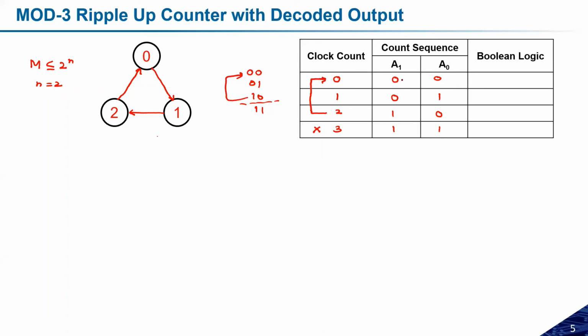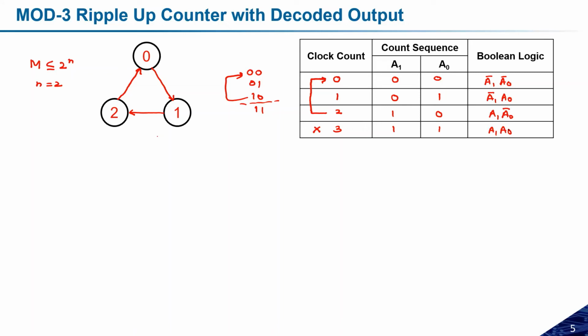Let us first write the expression of this. The expression for the first one, 0 0, is a1 bar a0 bar. For the second one it is a1 bar and a0. The third one is a1 into a0 bar, and the fourth one is a1 and a0.